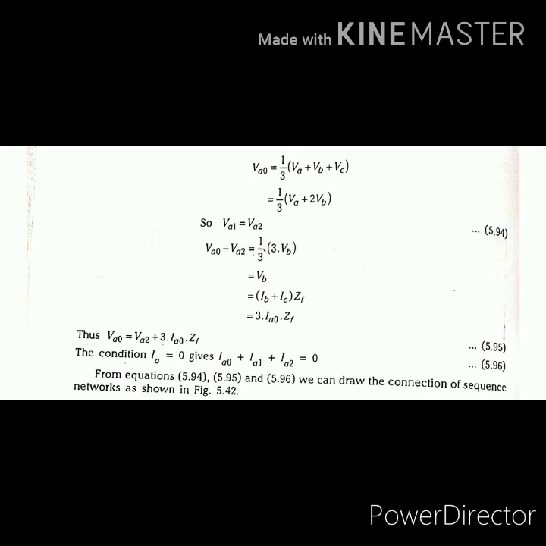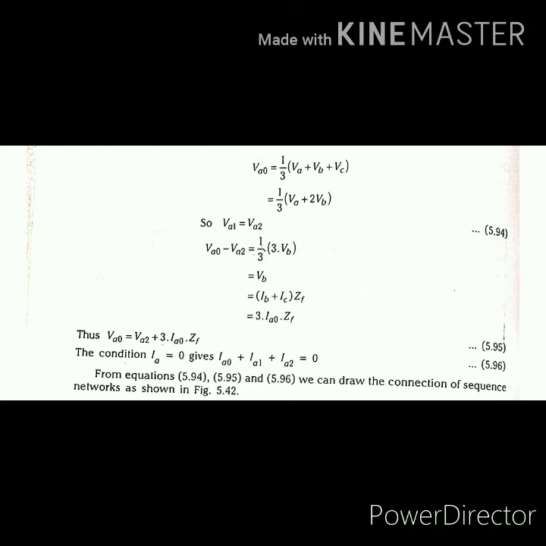This is again according to the sequence component relation. So the 3 gets cancelled, and you get VB. VB you can substitute from 5.92 as IB plus IC into ZF.